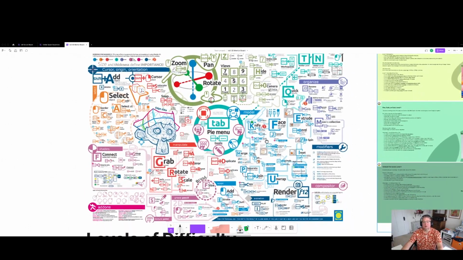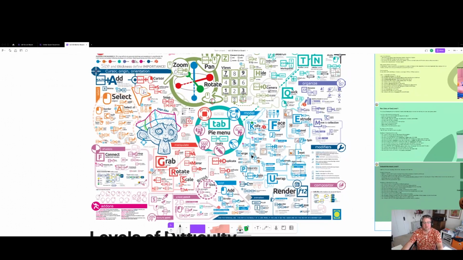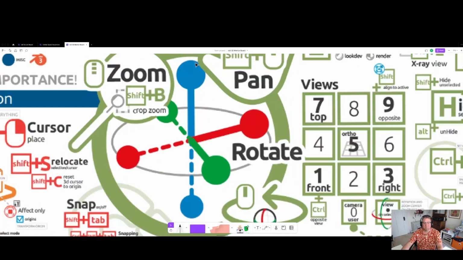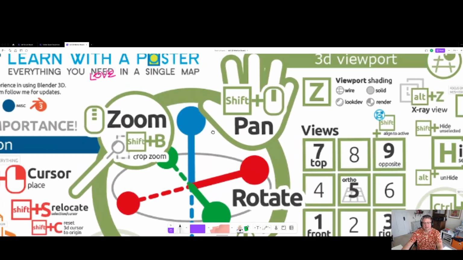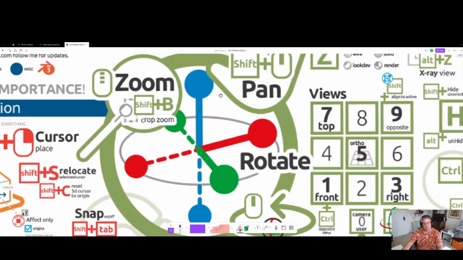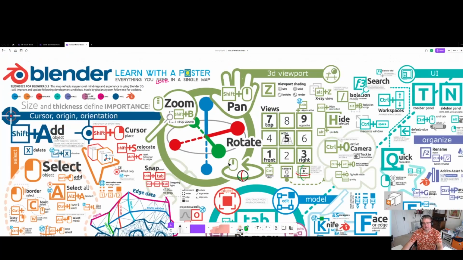Now, this amazingly overwhelming infographic gives you the shortcuts for everything. So Skylar, we can see that here is how you can pan, rotate, and zoom using the cursor here. So Shift plus middle mouse button, just pressing and holding the middle mouse button gives us the orbit or rotate, and then zooming is Shift plus the middle mouse button scroll.